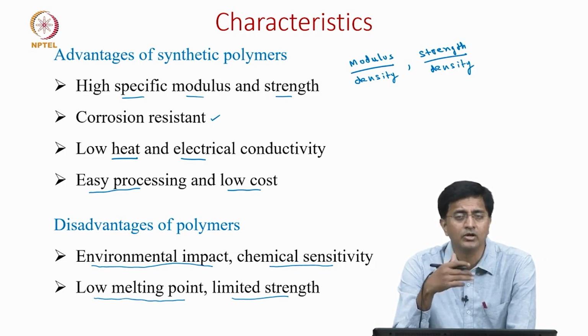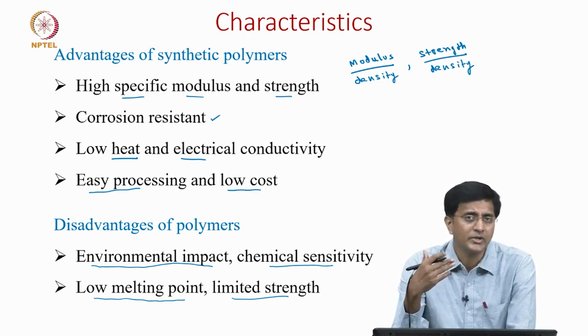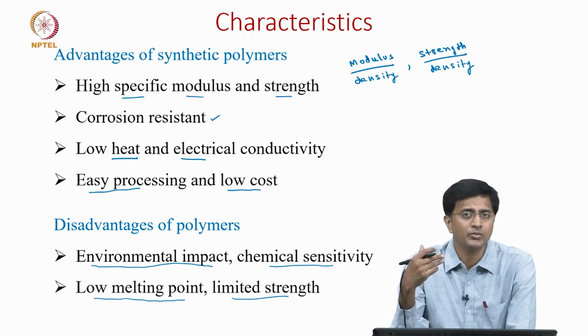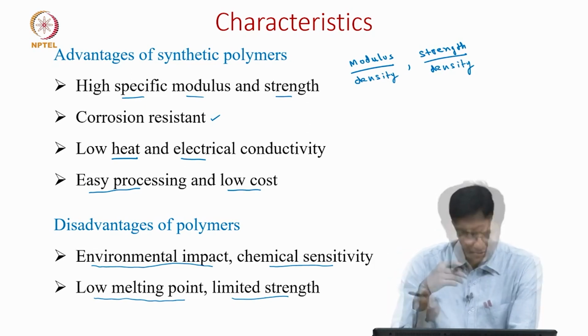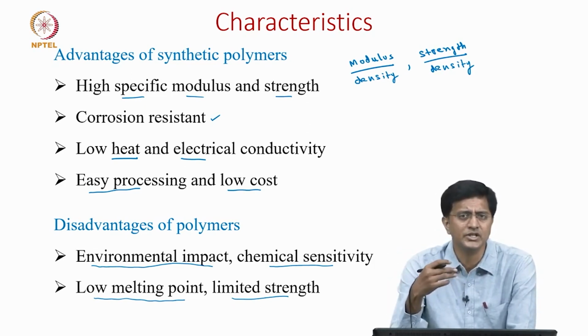Depending on the application, and not all applications are primary structures. Primary structures means the load bearing structures. Some of them are secondary structures, meaning they are there not to bear the loads, but mostly for functionality purposes. So, plastics can be used in secondary structures where the functionality is met.